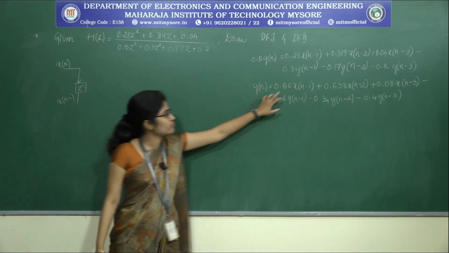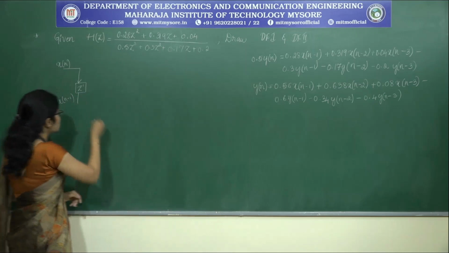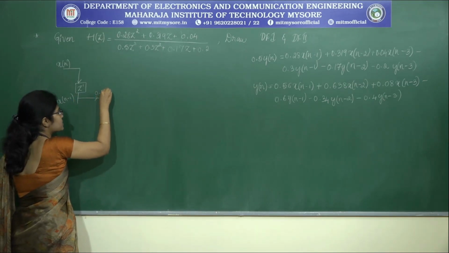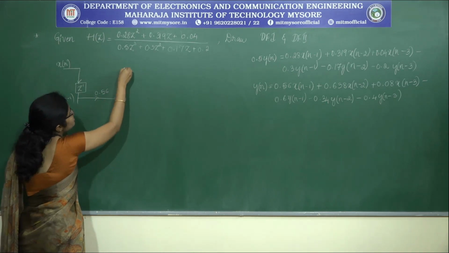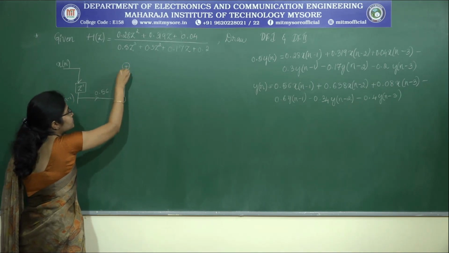This x of n minus 1 should be multiplied with 0.56, and give this to an adder. Connect this adder output to the top adder.